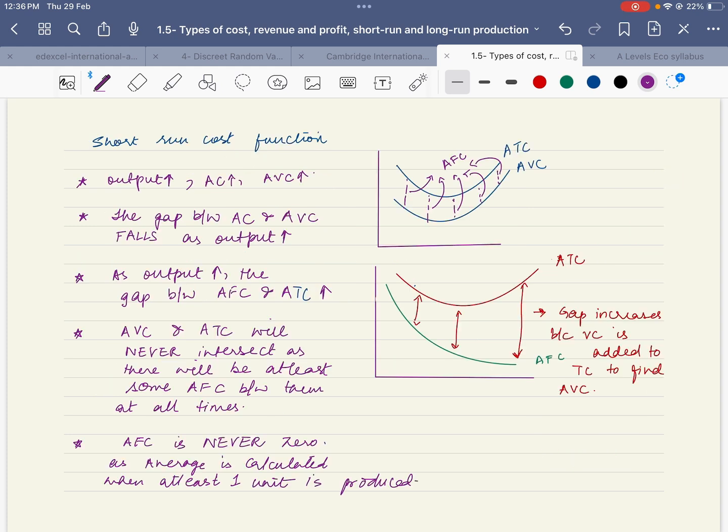Now let's talk about the short run cost function and the shapes of the curves in the short run cost functions. We will look at average cost, average variable cost, average total cost, and average fixed cost. The most important cost curve for the firm is the average total cost curve, which shows the cost per unit of output.